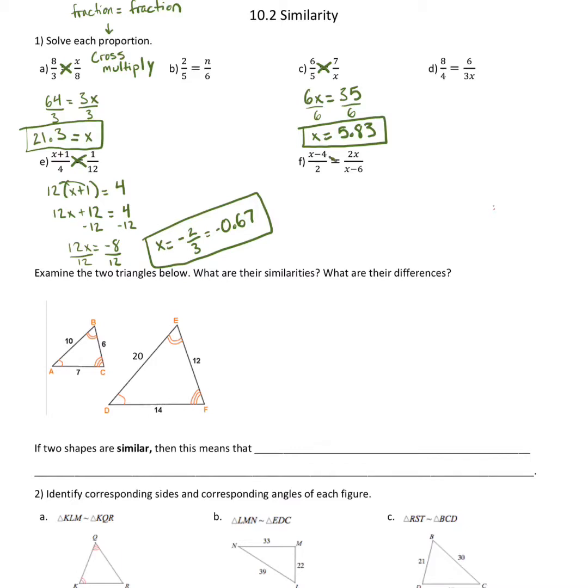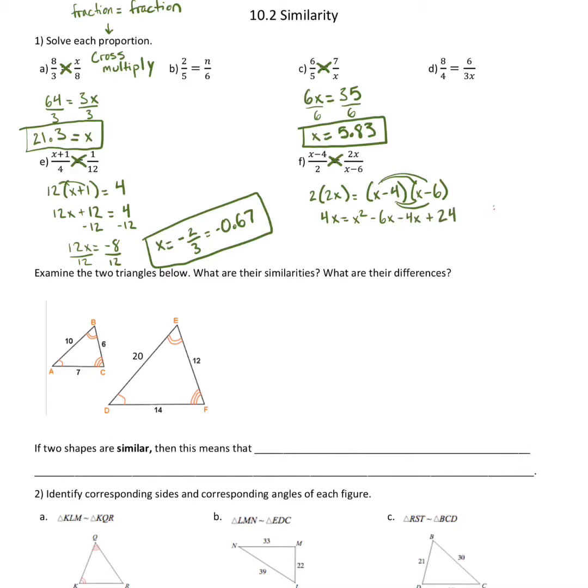Okay, part F, this is the big one. 2 times 2x equals x minus 4 times x minus 6. Man, so much distribution is about to happen before our eyes. x squared minus 6x minus 4x plus 24.